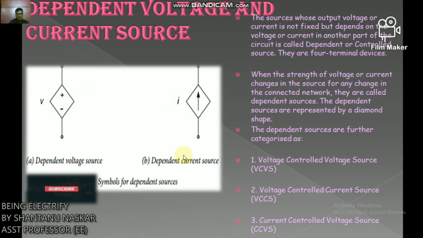The dependent source is further categorized as voltage controlled voltage source, which is called VCVS, voltage controlled current source, which is called VCCS, and current controlled voltage source, which is called CCVS.